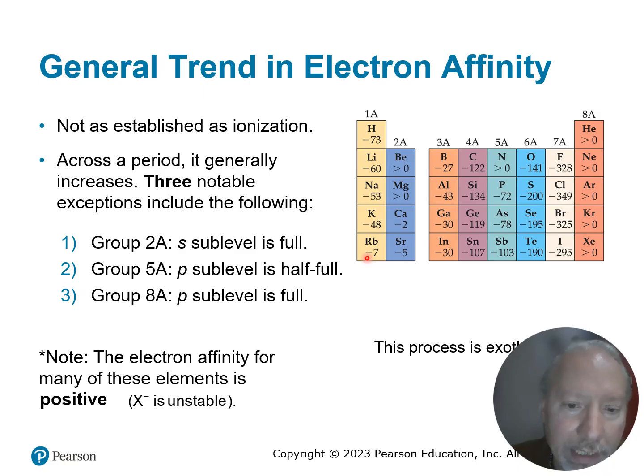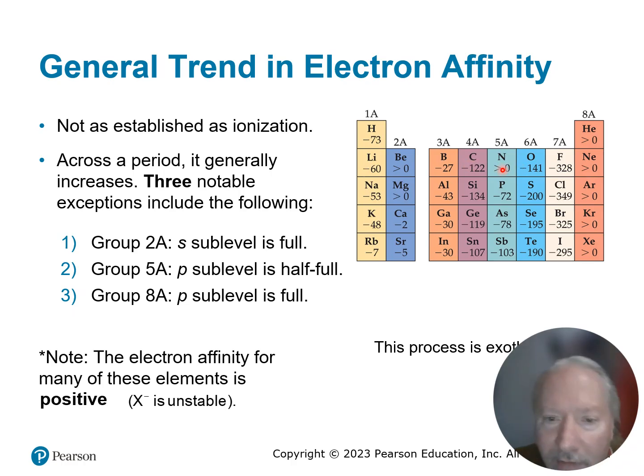Rubidium has more shielding than sodium, and sodium has more shielding than hydrogen. So it makes sense. And with less shielding, it's easier for the protons to attract the electron and therefore have greater electron affinity.